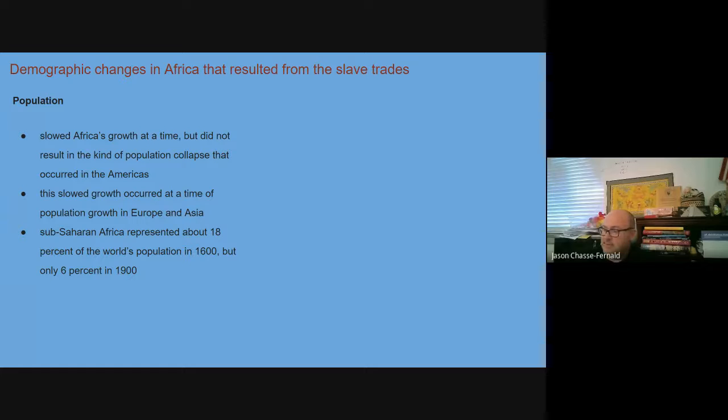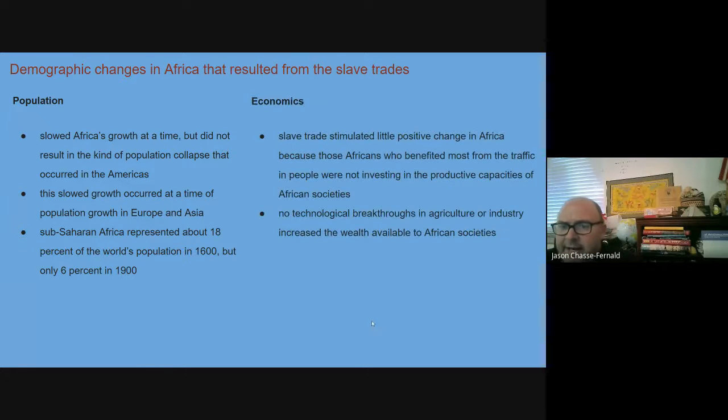So we see the overall share of world population dropping. Of course, this will change after 1945. We'll talk about demographics in sub-Saharan Africa. Today it is the fastest growing place on planet Earth, and we'll look at the implications of that later on.